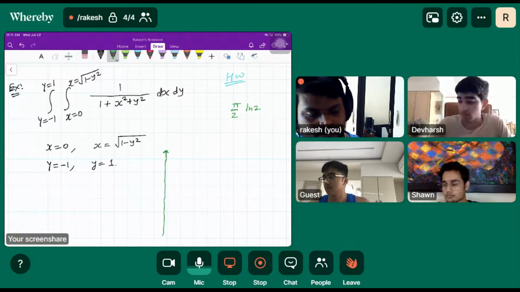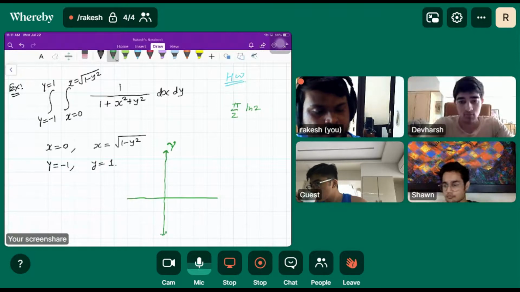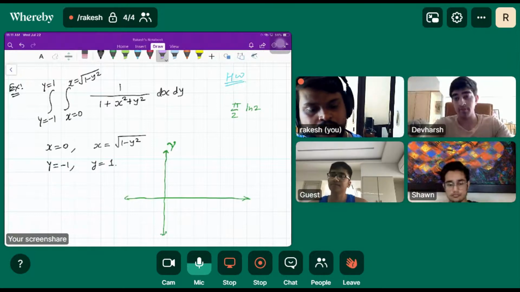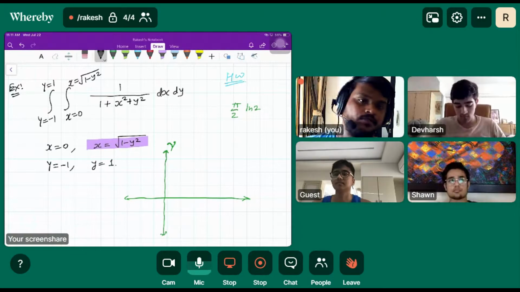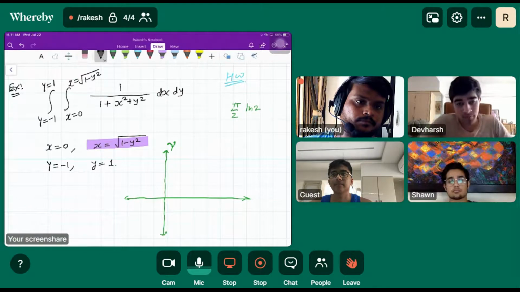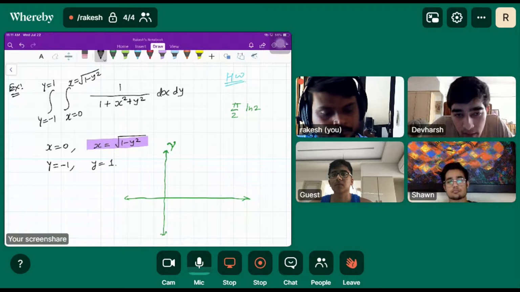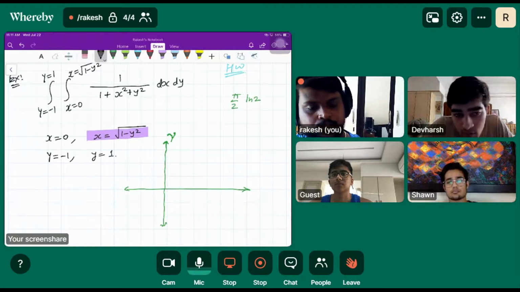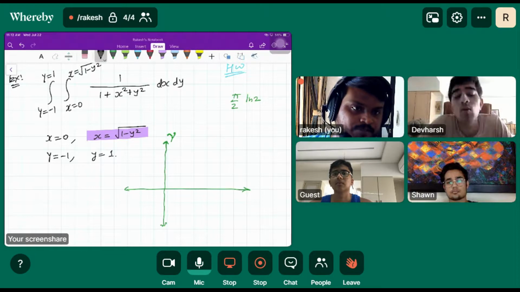On the xy plane, this is the y axis, this is the x axis. What is x is equal to root 1 minus y square? What is the shape of that equation?